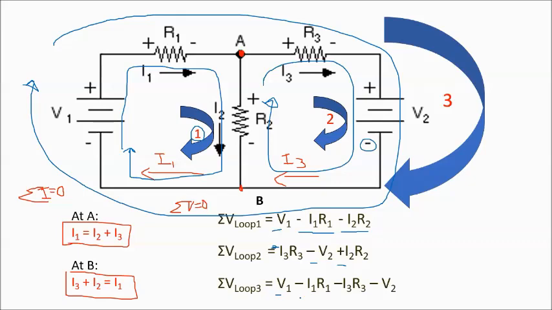So negative ang I1 R1. Next, same ang direction ng travel sa direction ng I, negative I3 R3. And then, baba tayo, we cross from positive to negative terminal sa V2, and we have negative V2. Okay, so yan. To illustrate you the summation ng I equal to 0 and summation ng V equal to 0.